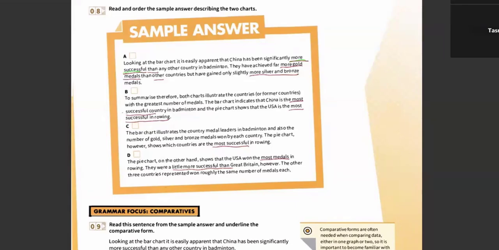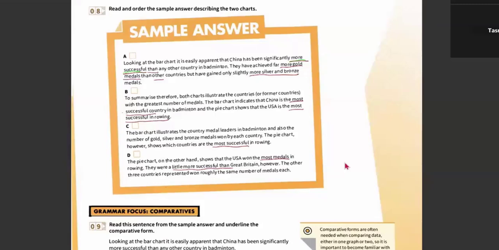Because, give me the reasoning. So I found out that C is the introduction part because it gave us what the graph is about. Then I found out the main bodies by looking at the specific data or information.